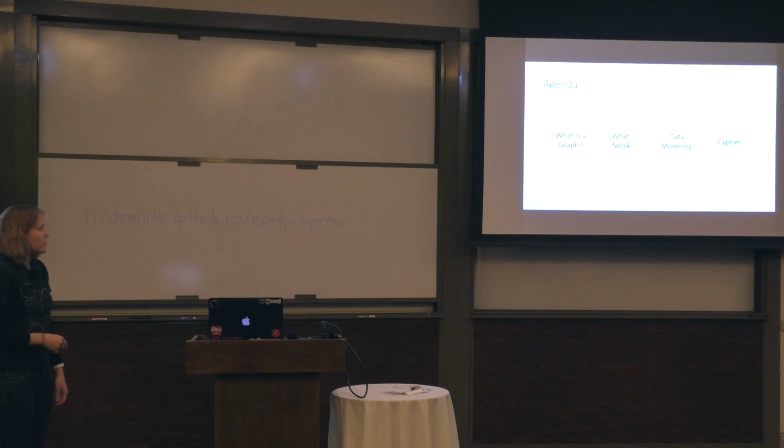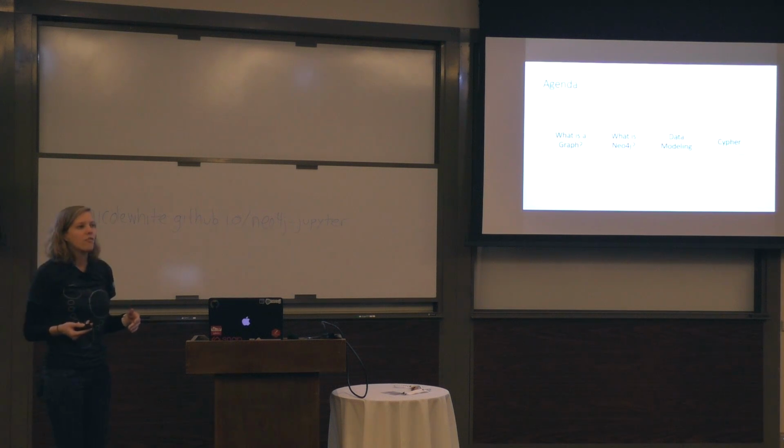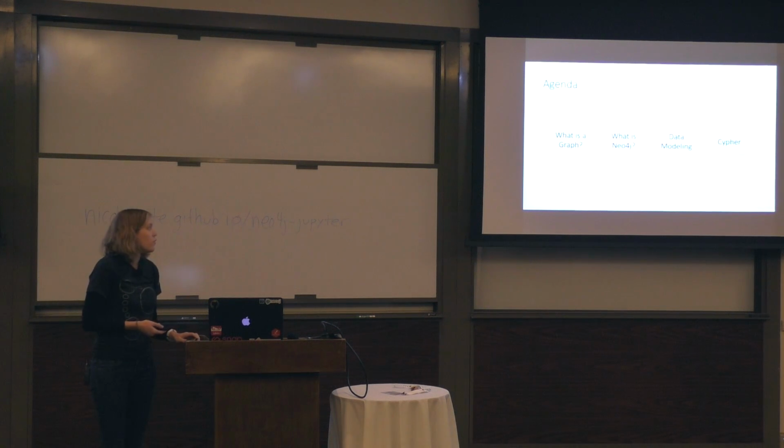And then we'll look at Cypher, which is Neo4j's query language. That'll be a necessary step because we'll be writing a lot of Cypher queries to grab data out of Neo4j into Python. So I think it's quite necessary to have at least a decent understanding of Cypher before we move on.